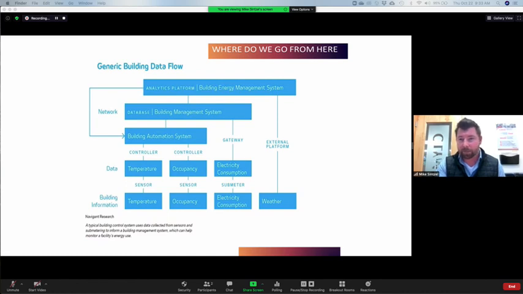This could be a BACnet system with each one of your building automation system, your temperature, occupancy, building information, and electricity being a different protocol. Could be a mix of TCP, could be a mix of Modbus, and all different types.